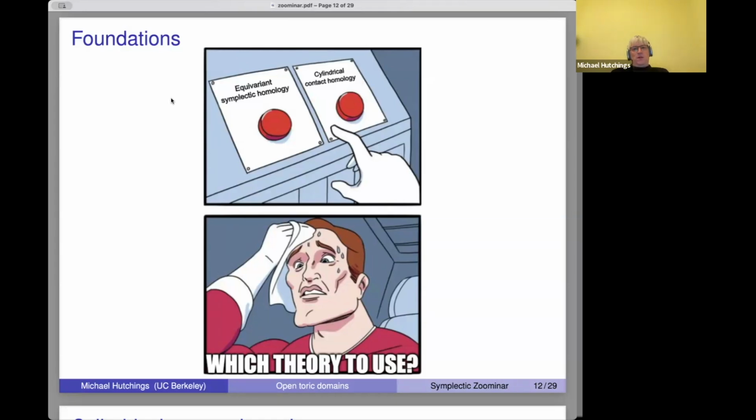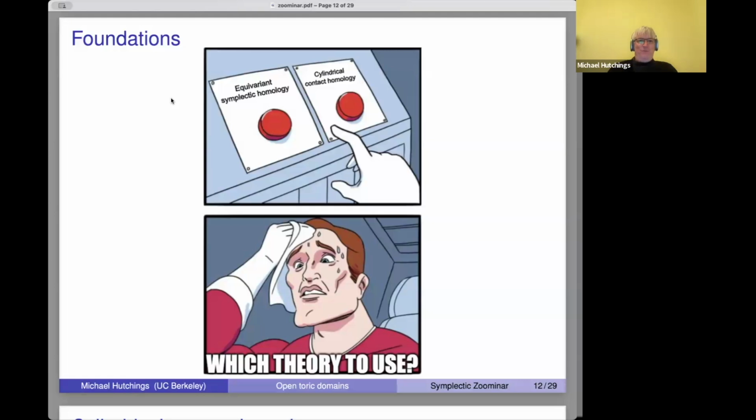Cylindrical contact homology has a nice simple definition, and we can understand it pretty explicitly. The only problem with it is it only has a completely rigorous definition in some limited cases. But those cases do include the cases relevant to us.